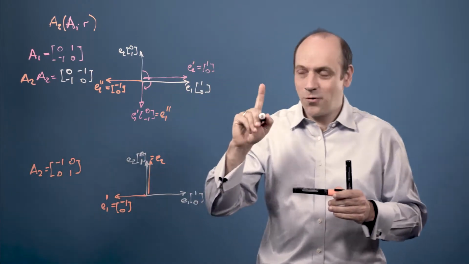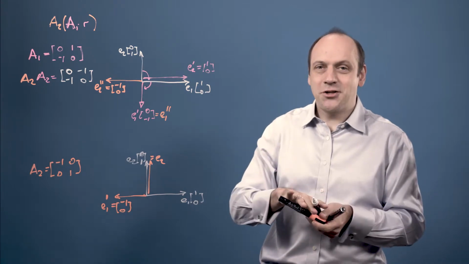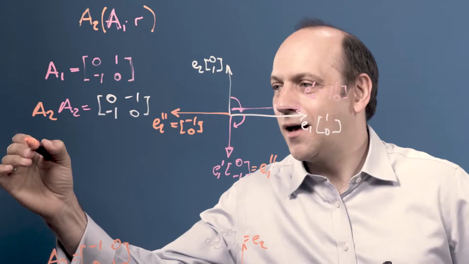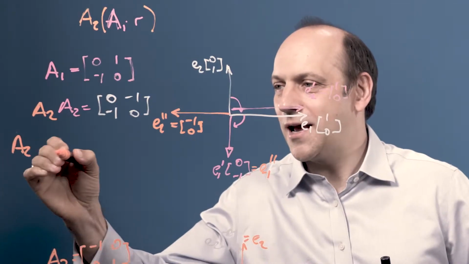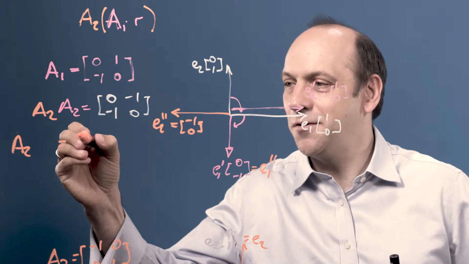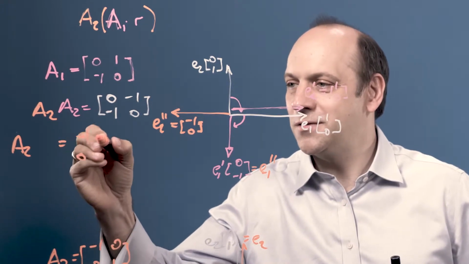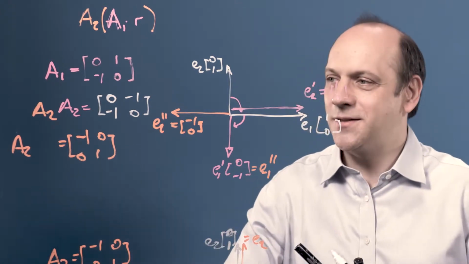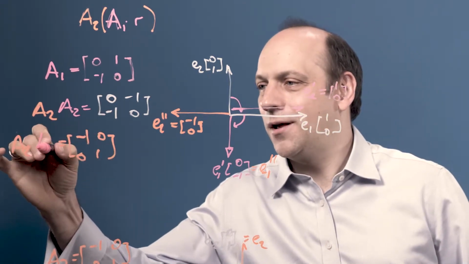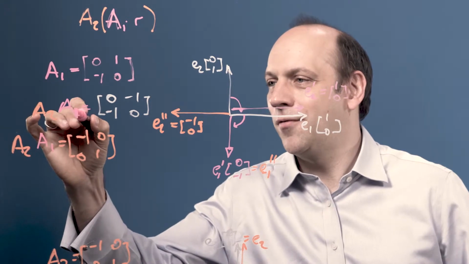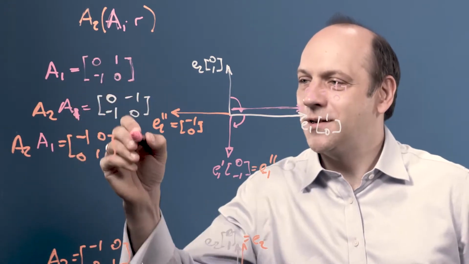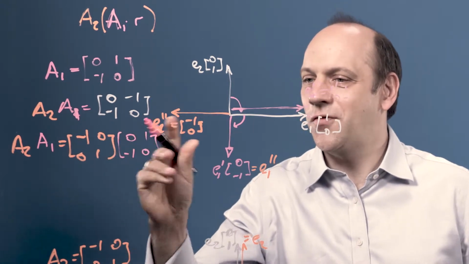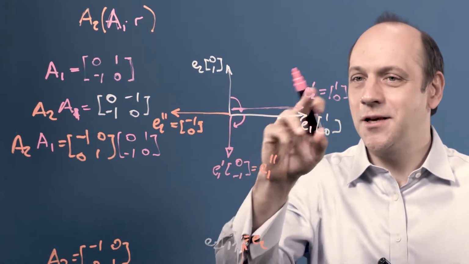Now, I can work out what that is in a matrix way without having to draw it all out, by saying A2 to A1 is doing A2, which is (-1, 0; 0, 1), to A1's basis vectors. And A1 was (0, -1; 1, 0), which is just the two transformed basis vectors, the single primes.